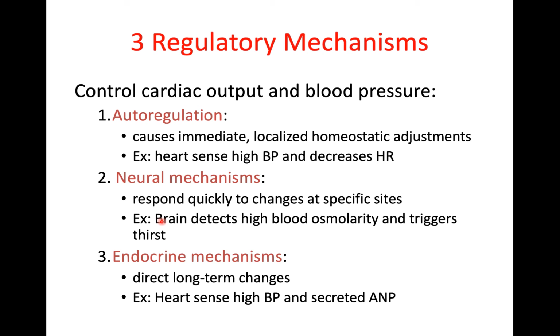So if your salt concentration in your blood is very, very high, that means in your brain, you're going to have a lot more salt binding to chemoreceptors. The brain will sense the higher binding, and it will tell your body, hey, we have a lot more binding of salt to chemoreceptors. That must mean our blood osmolarity is high. You should probably drink some water. And it makes you feel thirsty. The more water you drink, the higher your blood volume goes. And the more blood volume you have, the higher the blood pressure is going to be as well.